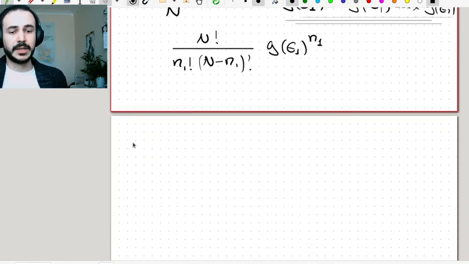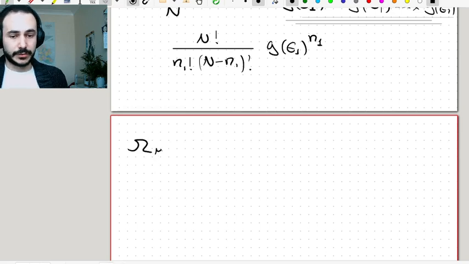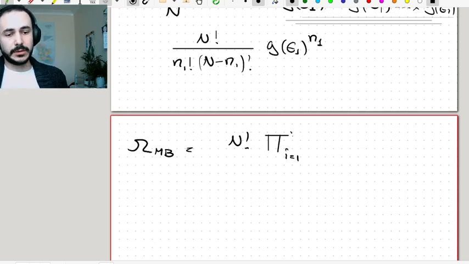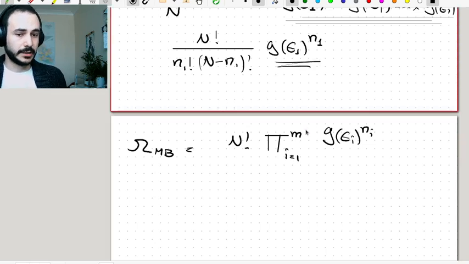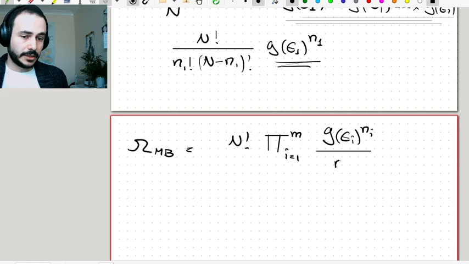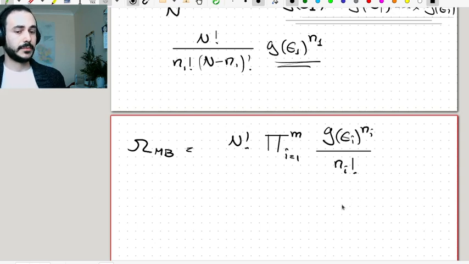Okay, and what we get when we multiply everything together is a different statistical weight, just slightly different, where we have n factorial, and then the product from i equals 1 to the number of different energy states that we have. And here you have g_Ei to the power of n_i, this kind of factor. And in the denominator, we just have the same thing we had before, n_i factorial. Okay? That's what we have.